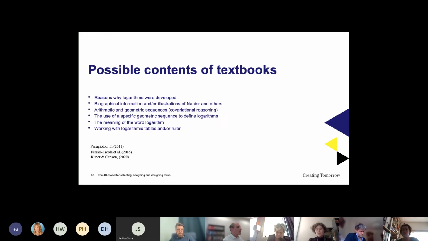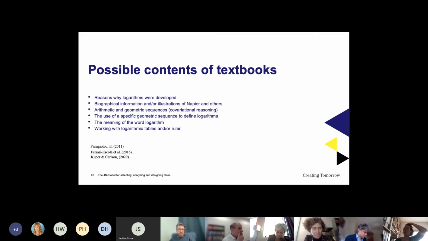You could put in the sequences I've just shown you, the arithmetic and the geometric sequence, and you could use the covariational reasoning that's happening there to introduce logarithms, or the specific geometric sequence that Napier used himself to define logarithms.